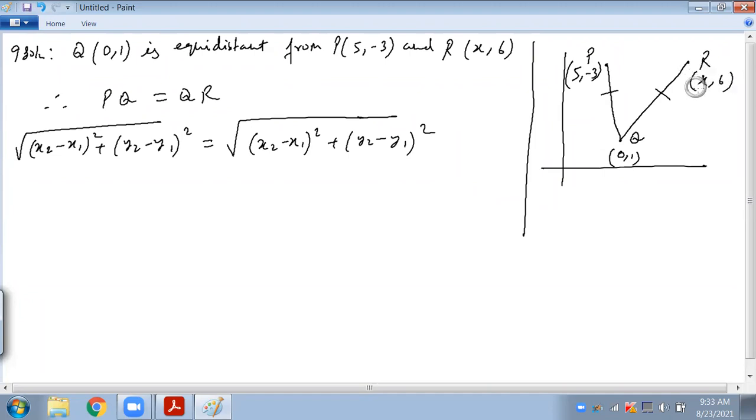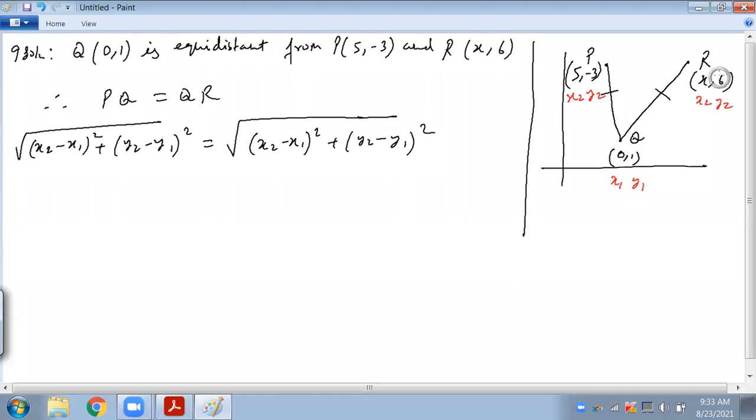If a point contains x or y, you take that point as x2 y2. If this is x2 y2, then Q will be x1 y1. For PQ, Q is x1 y1, so P will be x2 y2. And for QR, R we have taken as x2 y2, so Q will be x1 y1.